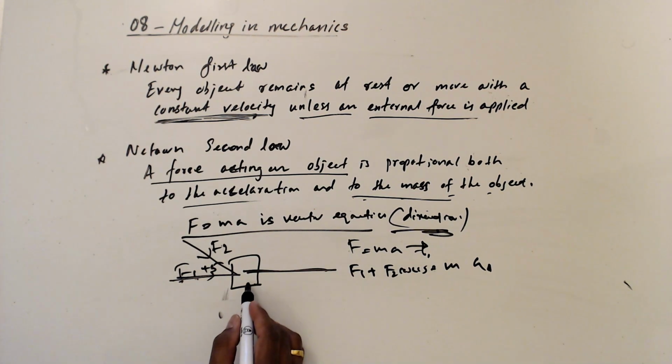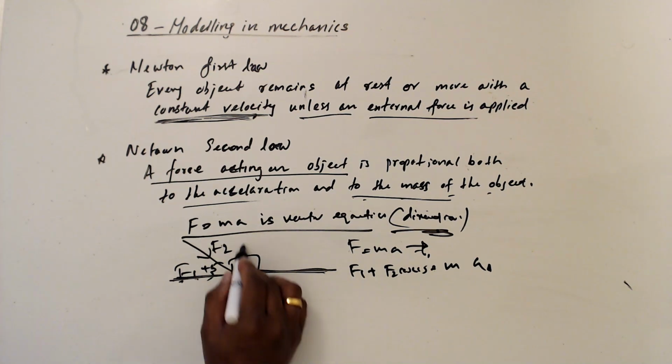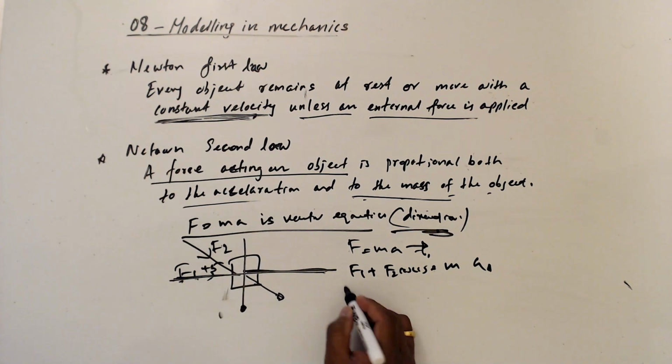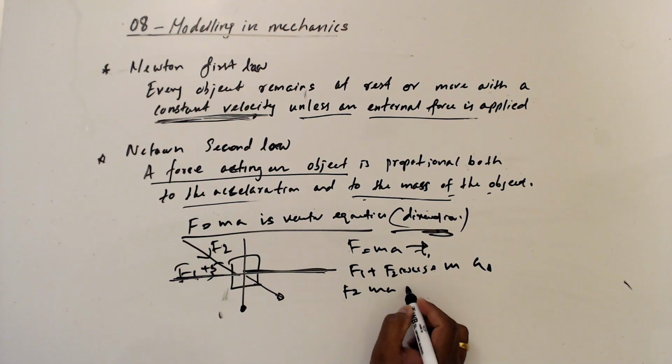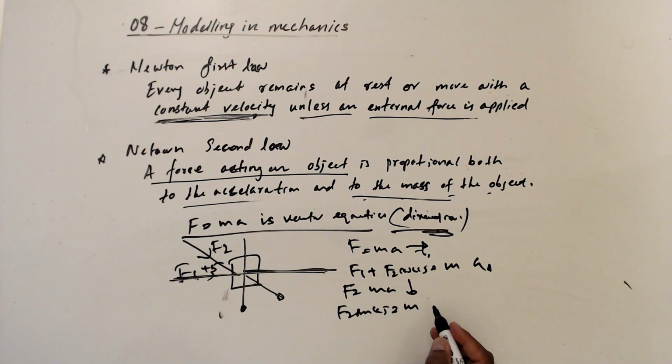Sometimes the object is moving in this direction. So I consider this, and also if we take F equals ma downwards, this is going to be F2 sin 45 equals m times a2. So a2 is the acceleration in this direction.